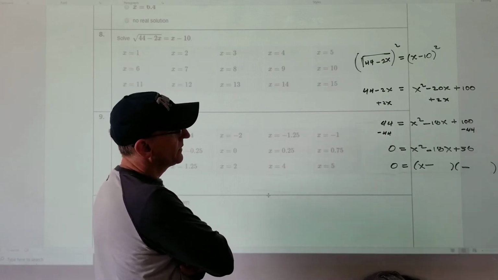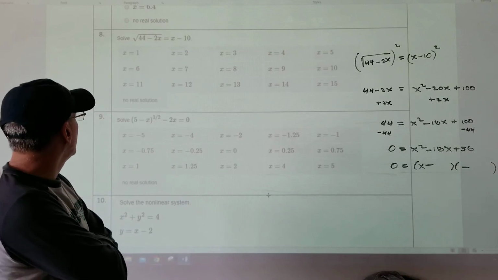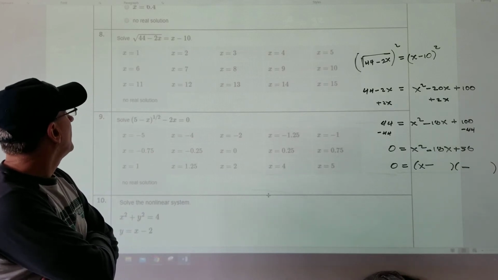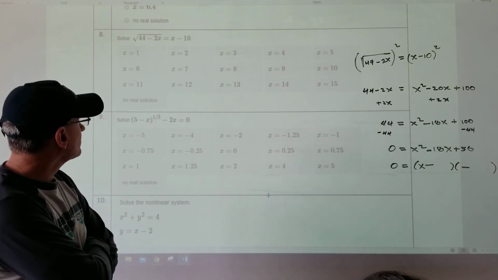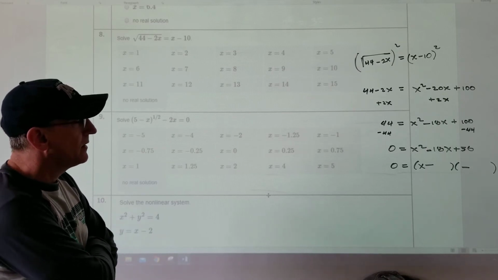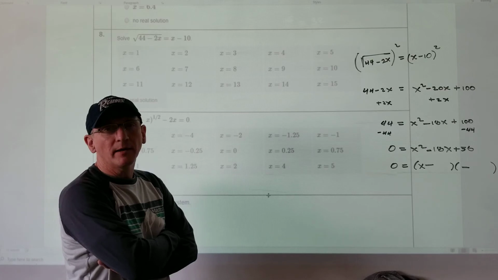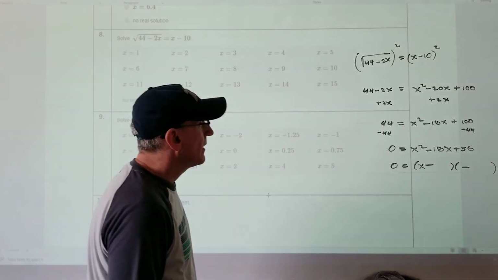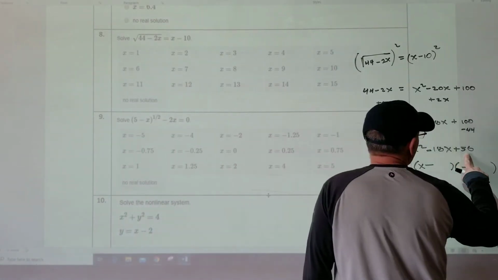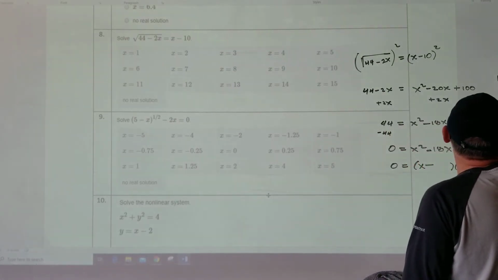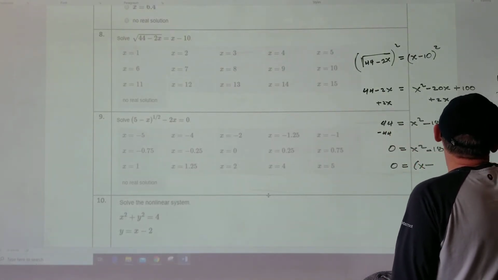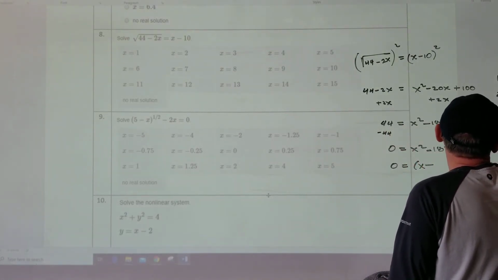So what you're going to do is try to come up with some numbers that multiply to make 56, but add to make negative 18. Now keep in mind, if you're going to multiply to make 56, you have to use two positive numbers or two negative numbers.